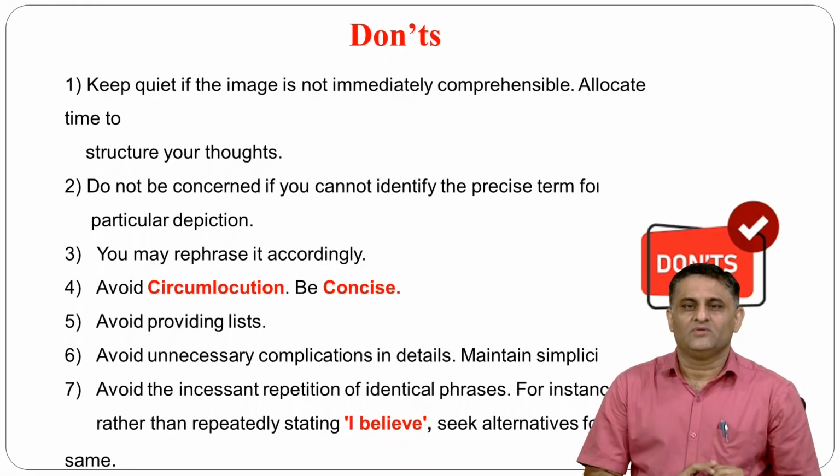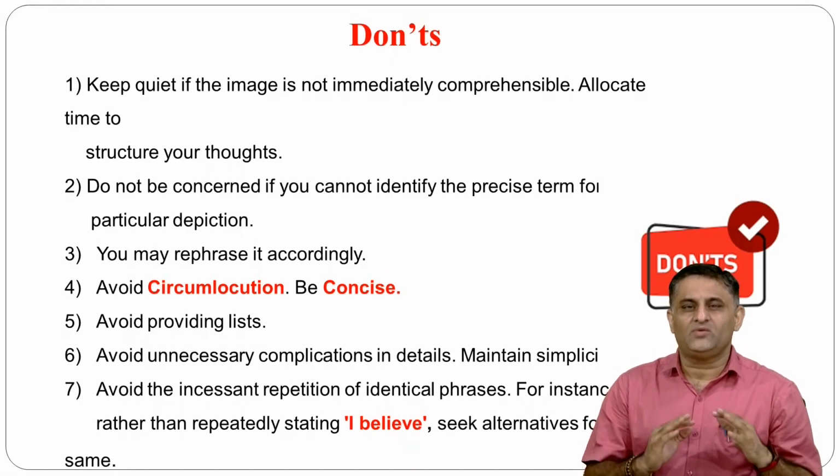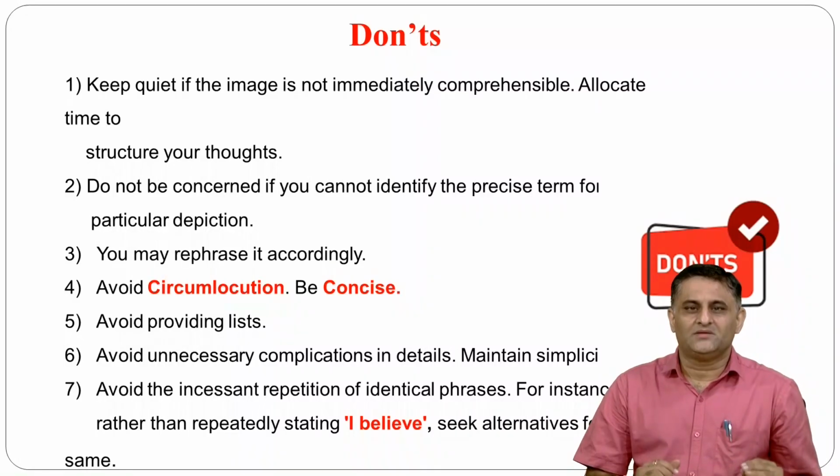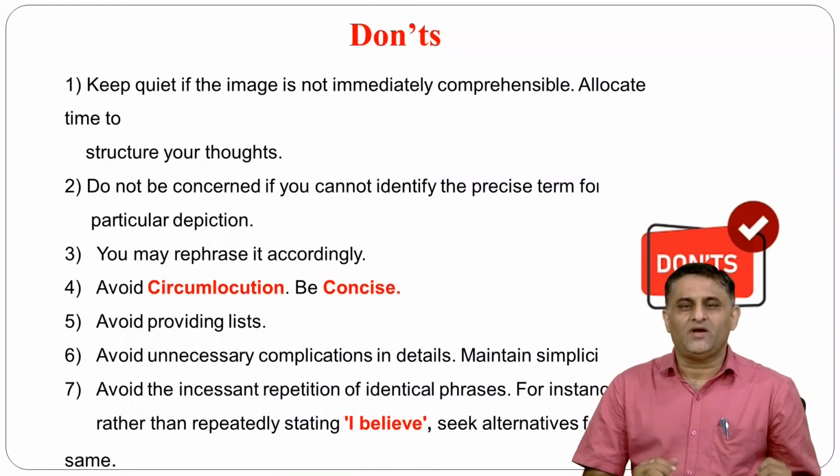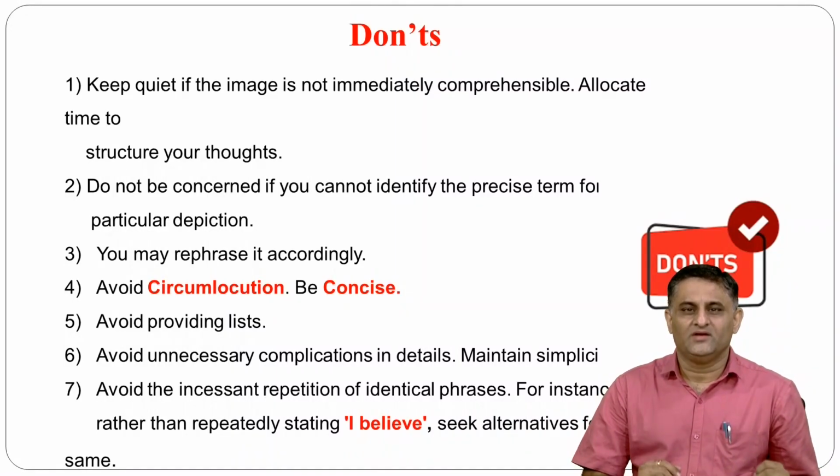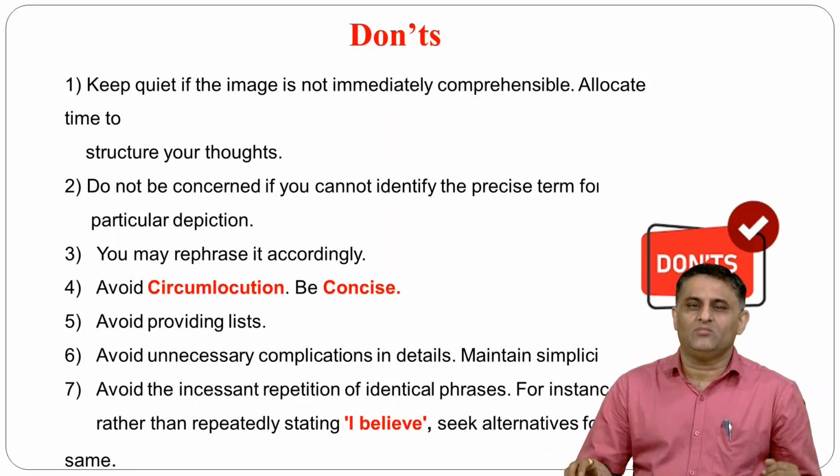Stay calm, take your time, try to identify the picture first, try to identify the theme, try to identify the location, try to identify the miscellaneous things happening in this picture, and gradually you will identify what the picture is all about.